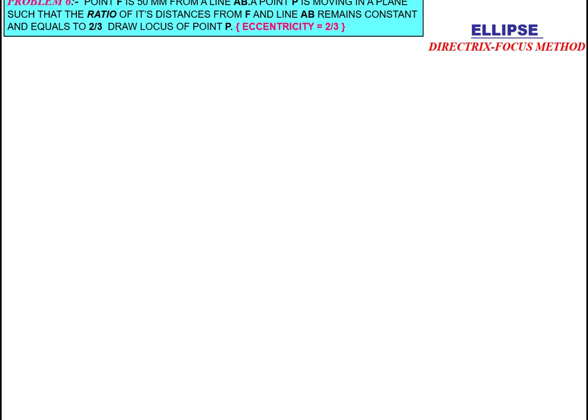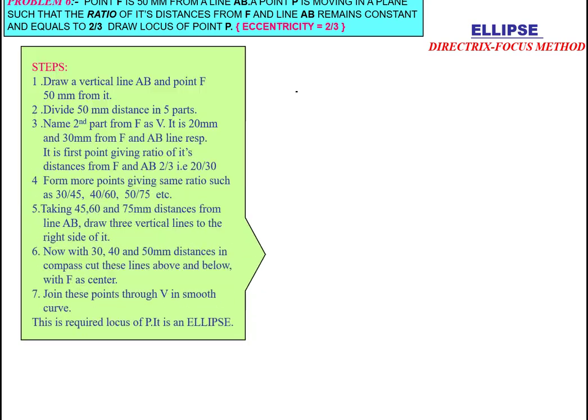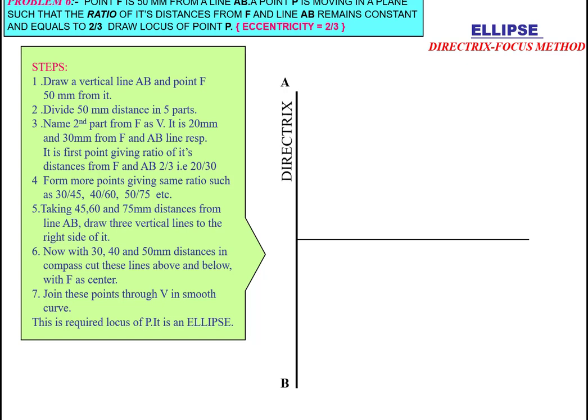So we can say the eccentricity is 2 by 3. For that we have to draw a directrix AB, a vertical line, and at the center draw a horizontal line, and the focus is 50 mm from the directrix. So draw a focus F at 50 mm distance.